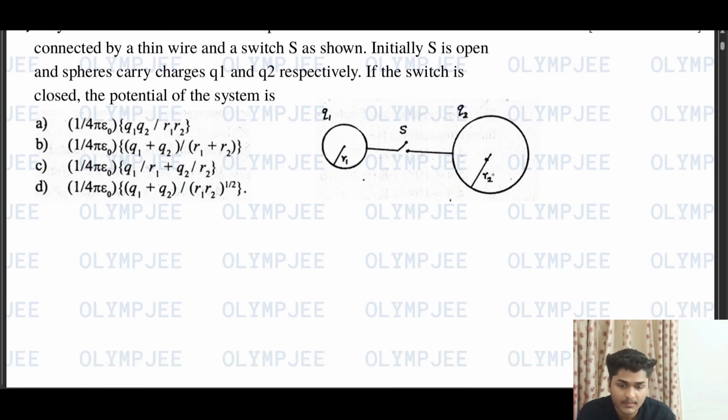So when the switch is closed, both the spheres will come to equal potential because there is no resistance in between of the wire. So if there is no resistance, then by Kirchhoff law you can say that these 2 points should have equal potential because there is no resistance in between them and they are connected by a wire.